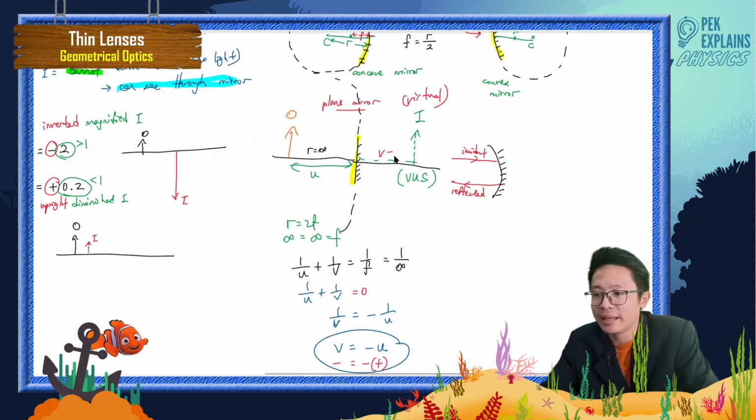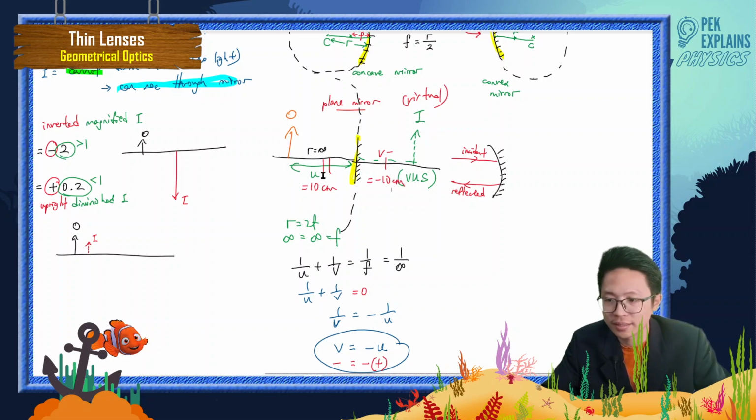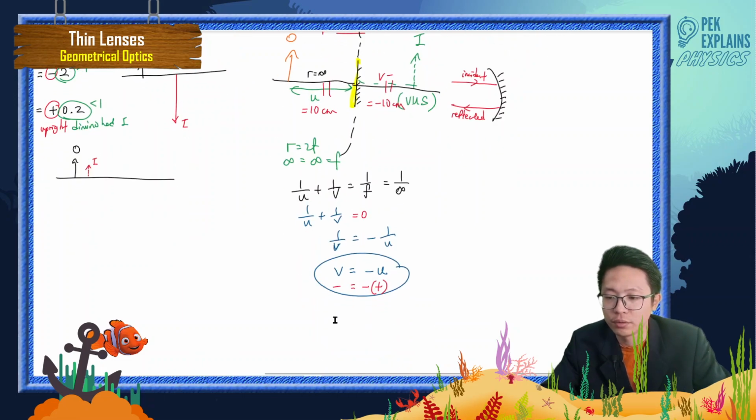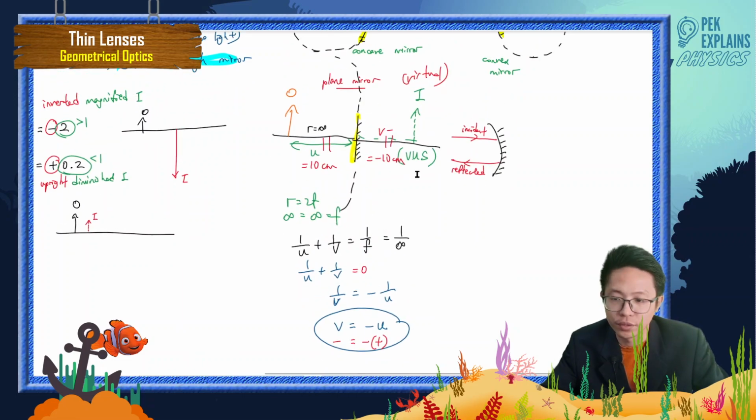And they are the same distance away. If the object distance is, let's say, 10 cm, then the image distance should be negative 10 cm also. That's because v equals negative u. Virtual, upright.